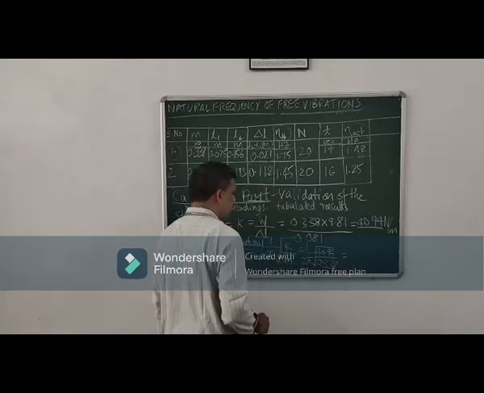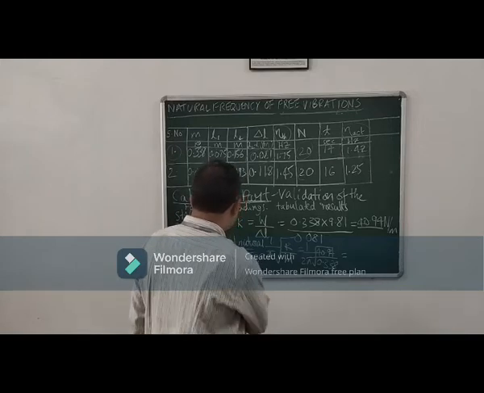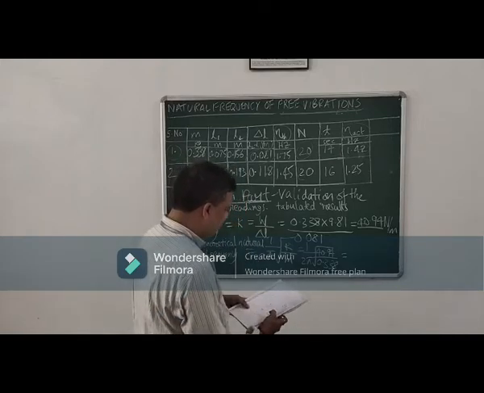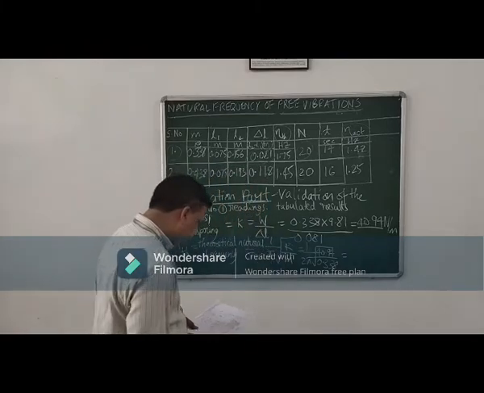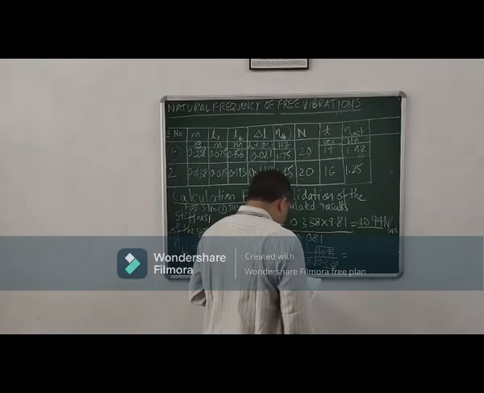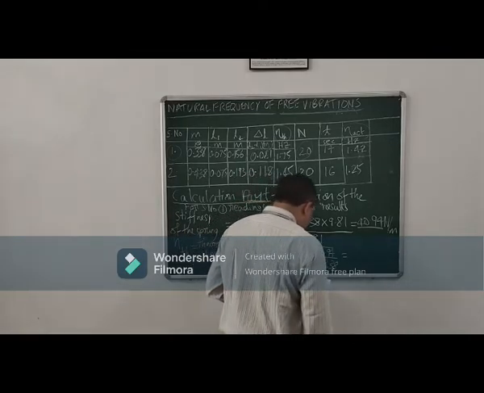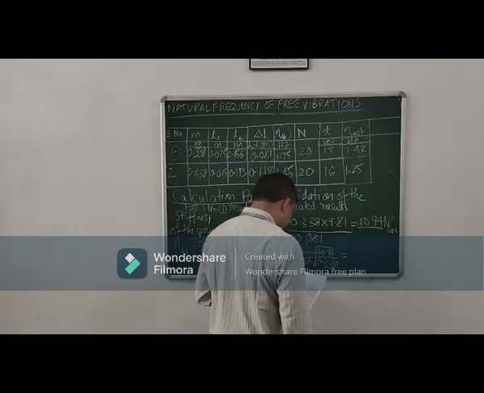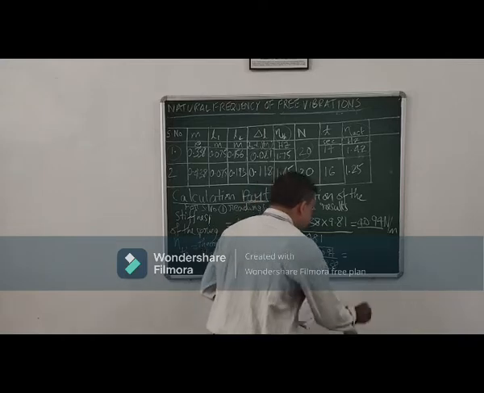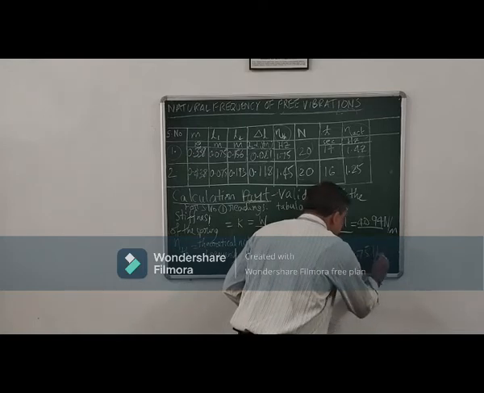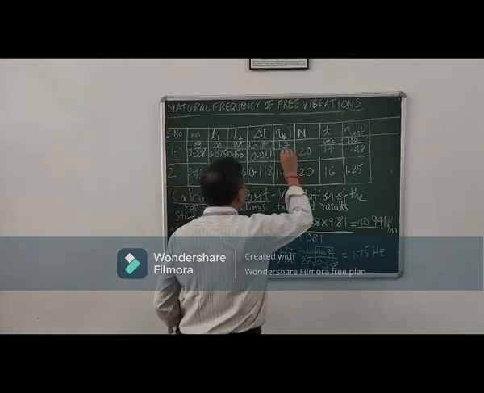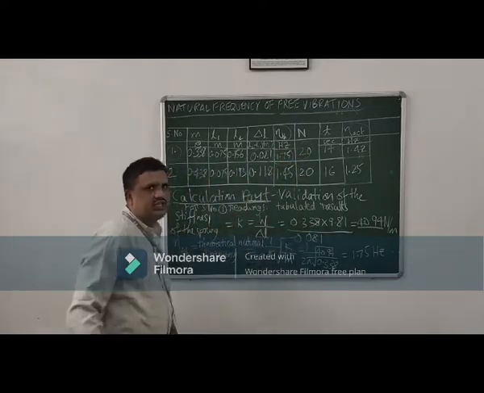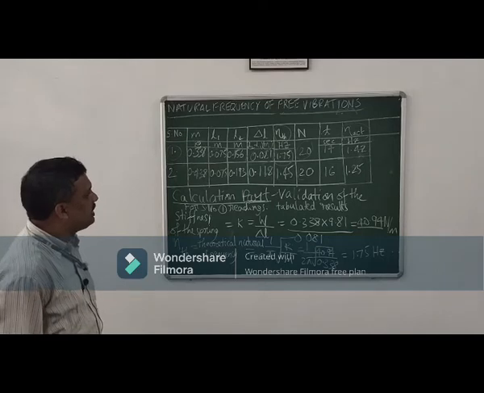Here we are getting the theoretical frequency if we calculate by this formula, 1 by 2 pi root over k by m. So, that frequency we are obtaining as 1.75 hertz. Okay. So, this is exactly correlating with the theoretical natural frequency we calculated earlier.